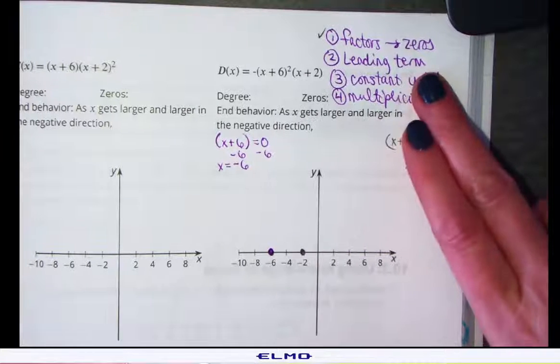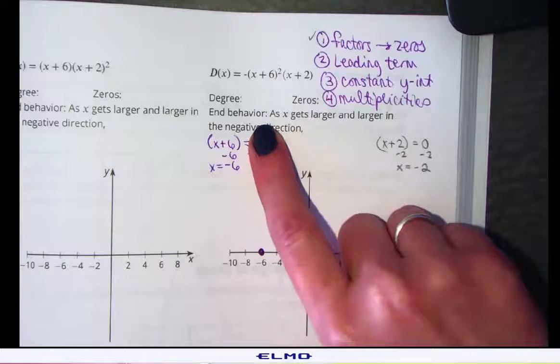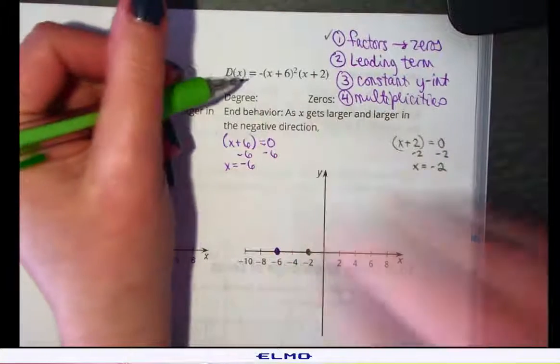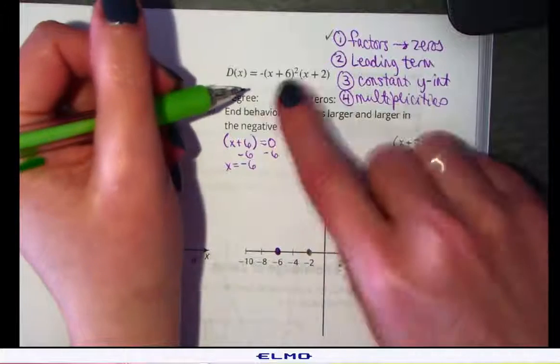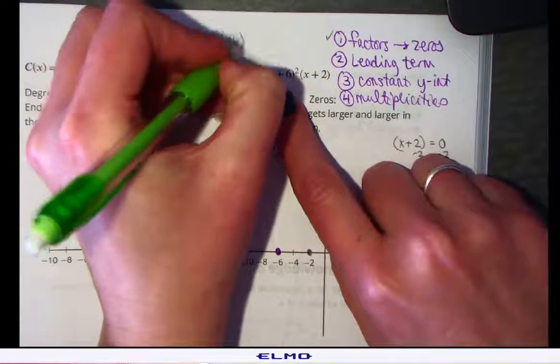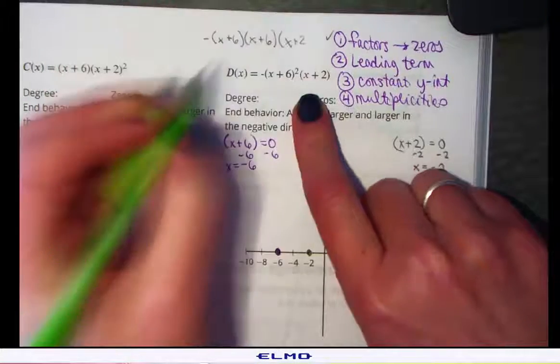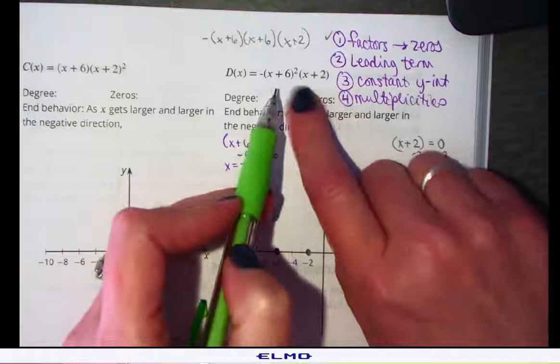Now I need to find the leading term to get this end behavior going. I can certainly multiply all of this out so that it's in standard form, but I'm just going to do the shortcut way.